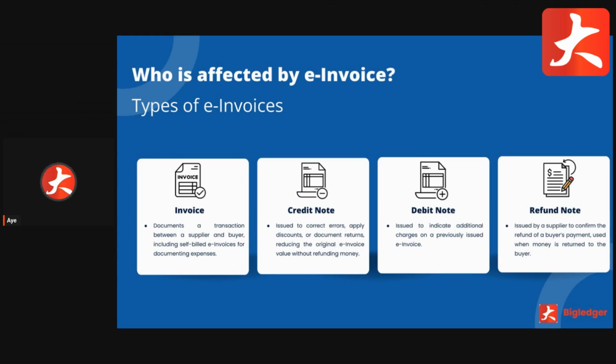The second is the credit note, issued to correct errors or apply a discount. It reduces the value of the original invoice, but without returning the money. Third is the debit note. It indicates additional charges on a previously issued e-invoice. The last one is the refund note. It confirms the refund of payment to the buyer, and is usually used when the money is returned.